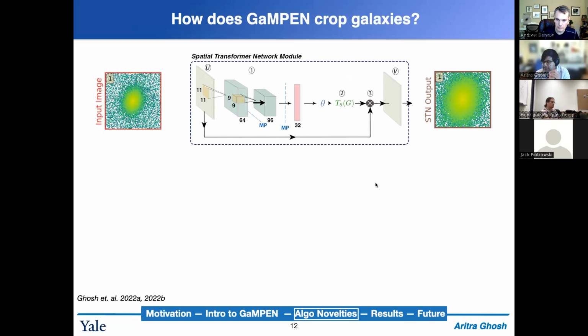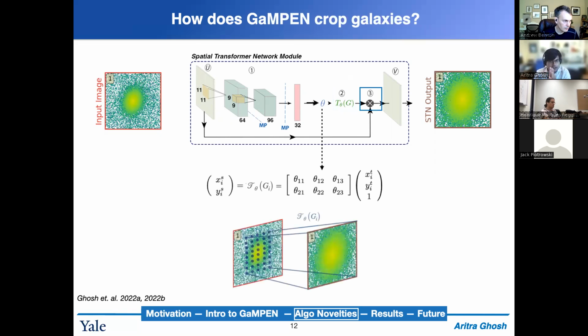The input image passes through a convolutional neural network, which predicts the 6 parameters of an affine transformation. It predicts such an affine transformation for each individual input galaxy. Then we use a grid generator and a sampler to apply this affine transformation on the input galaxy, ending up with our final output.